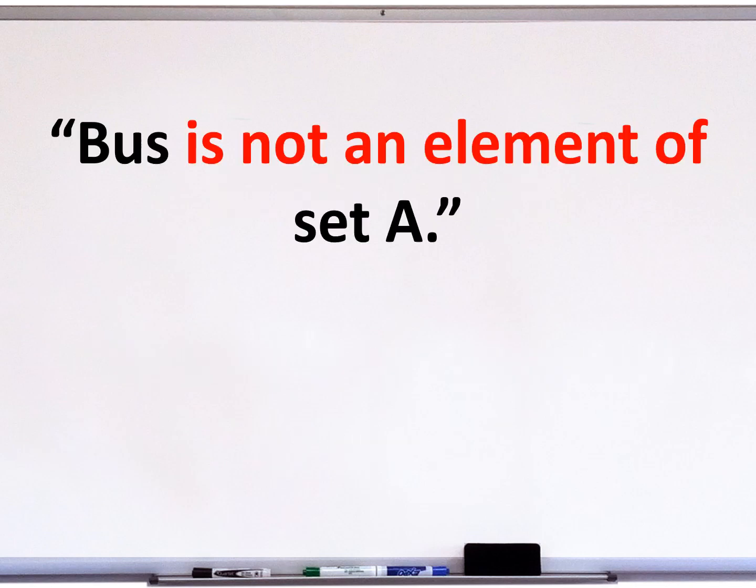So what if you are given this statement? Bus is not an element of set A. If you're going to recall, set A is the set of colors. Bus is not a color, so therefore, we can say that this statement is true. What if you are asked to represent this one mathematically?